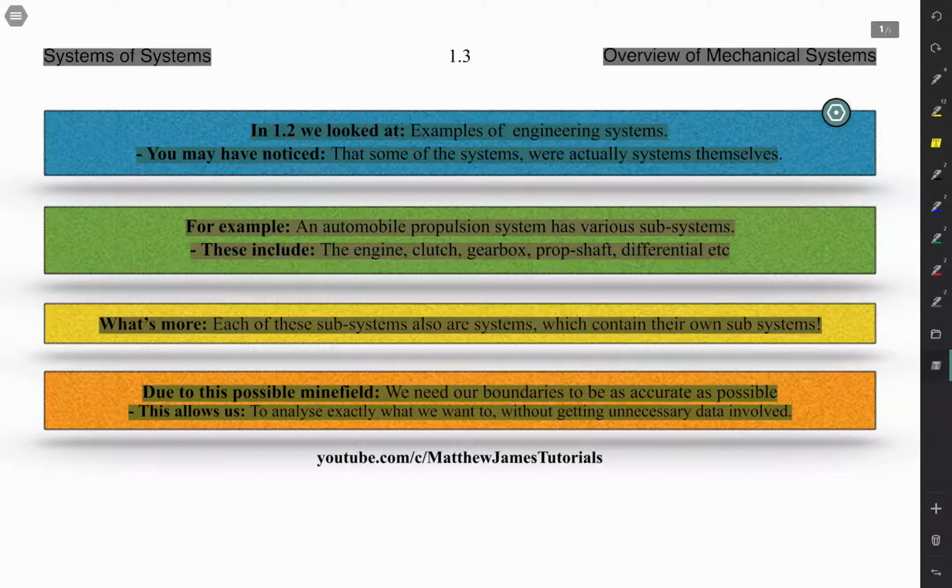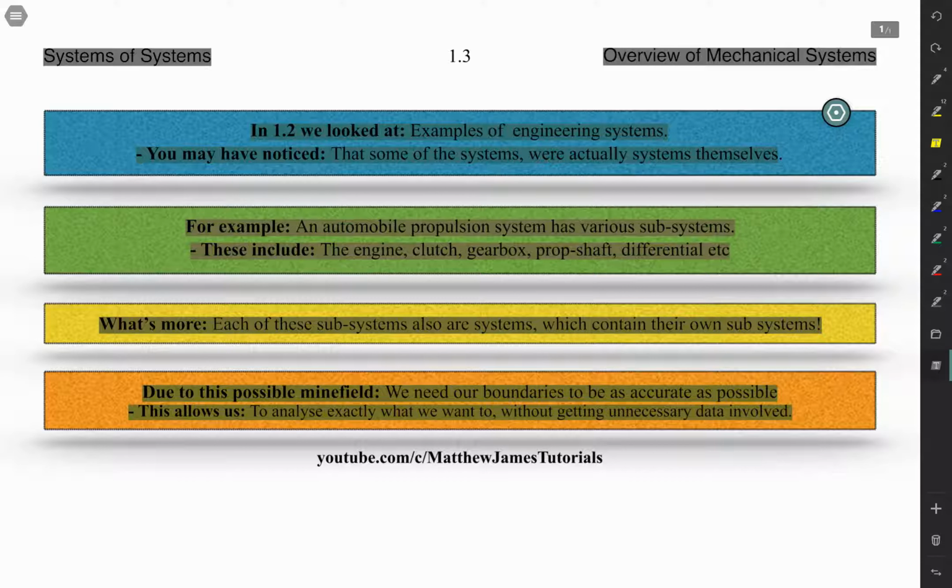If we had it around the front of the car, that would also then incorporate the front axle, the front wheels, and that can lead then to a whole new system which we do not need if we're only analysing the engine. So you can see then boundaries can be very important.